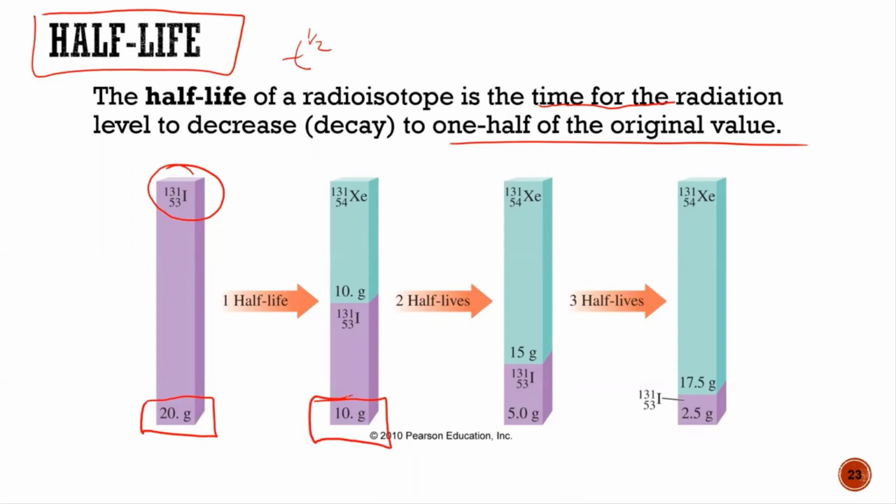After another half-life, whatever time period that is, let's say it's 8 hours. So the first 8 hours, I would go from 20 grams to 10. And then from the next 8 hours, I would have another half. So half of 10 is 5. And then another half-life, I would have half of 5, which is 2.5. So after every half-life, I have half the original amount of that isotope.